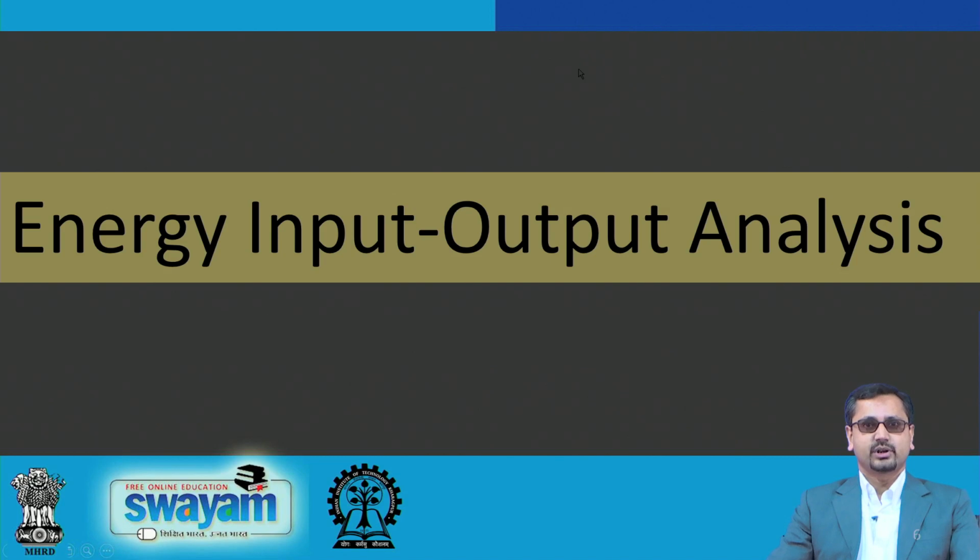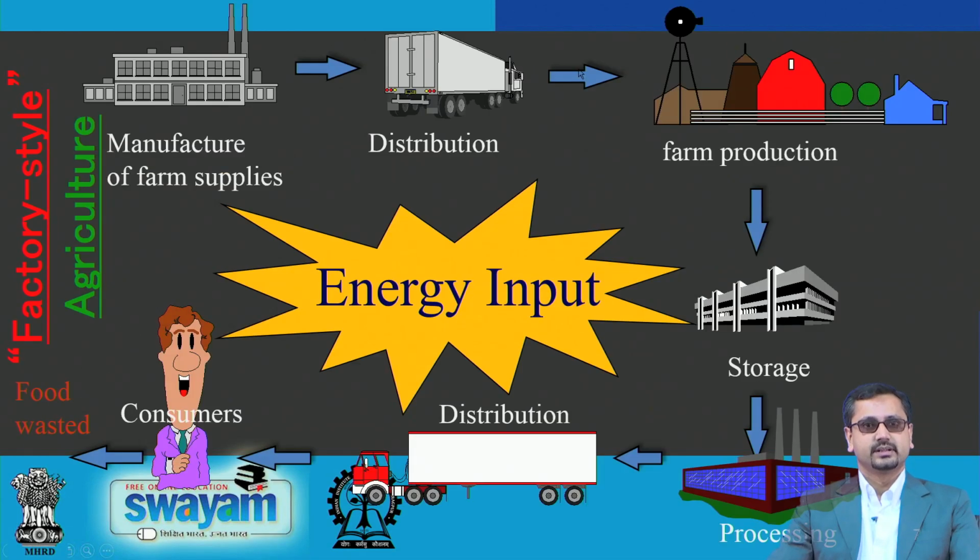Starting with the energy input output analysis, which is one of the most important tools in the sustainability assessment, we try to see how the energy inputs are sprawling everywhere, right from the manufacturing of the farm supplies to the distribution of those farm supplies and inputs, most importantly on the farm production at the site right on the farm itself, to the storage of the produce, then to processing and value addition.